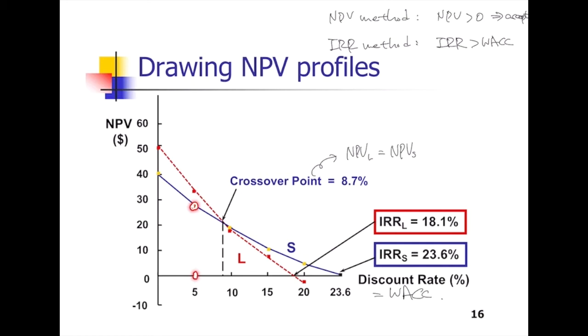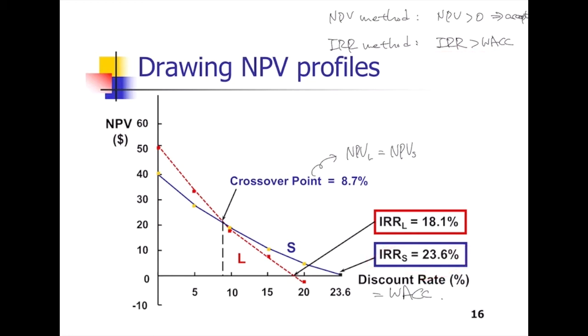So we can accept this project. How about this? The WACC is only 20, but IRR is 23.6, so we can also accept. So from the IRR method, IRR is always larger than WACC, so we can accept project S.